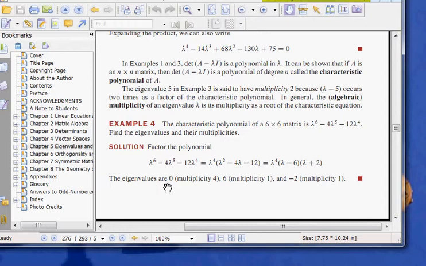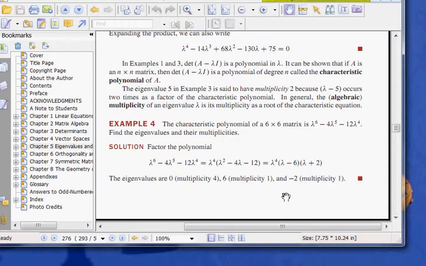This is lambda. Lambda to the 4th is really lambda plus 0. So you have the eigenvalue 0 with a multiplicity of 4. The eigenvalue of 6, yeah, to the multiplicity of 1, and minus 2 to the multiplicity of 1.